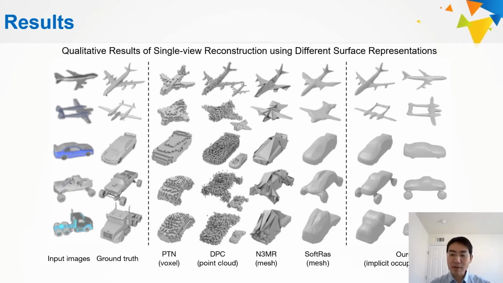Because SoftRas is deforming an existing mesh. It can't change the topology. However, with our new method, we can reconstruct these details more accurately, because the implicit field has no prior constraints on the topology. The implicit surface can be any shape without any constraints.